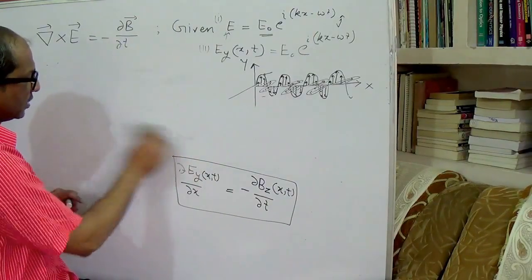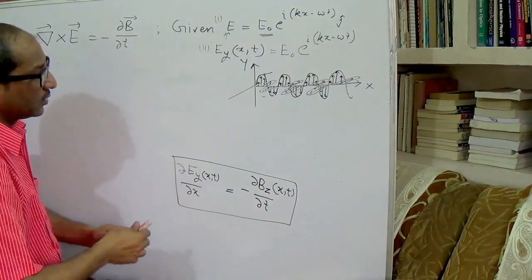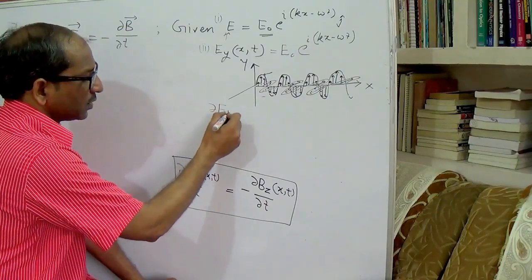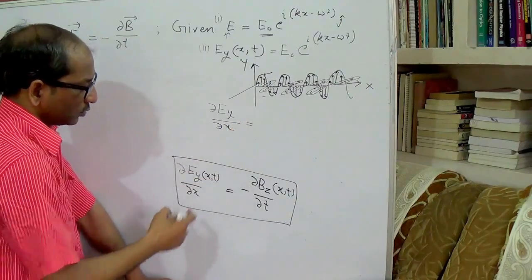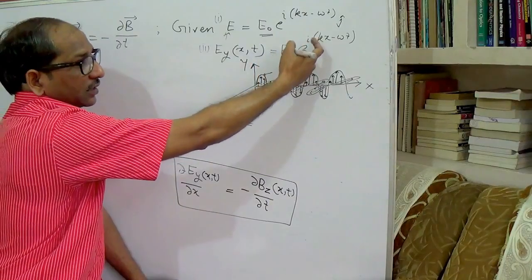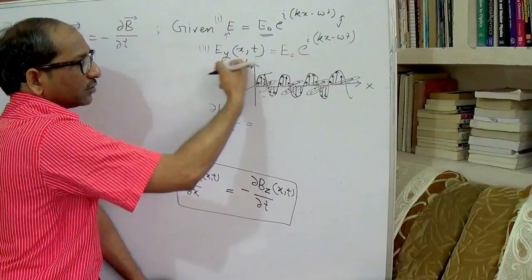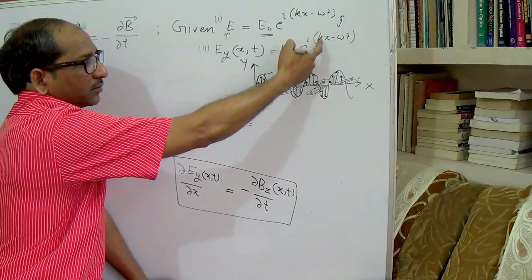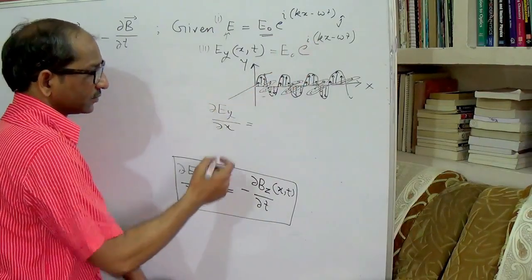Now I am differentiating this electric field component. Here this is Ey, so ∂Ey/∂x is equal to, E naught is constant, and when I differentiate this term with respect to x, E naught is constant and this term will be differentiated, so I will write iota k.